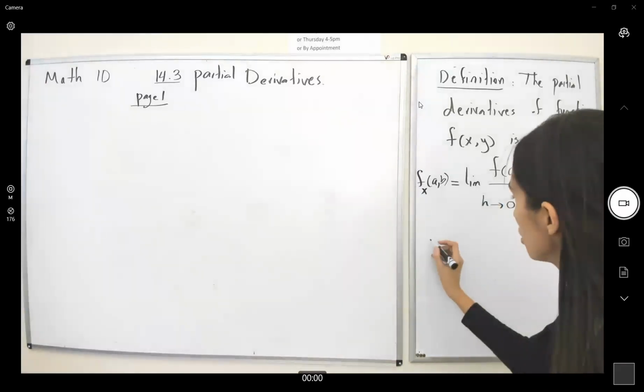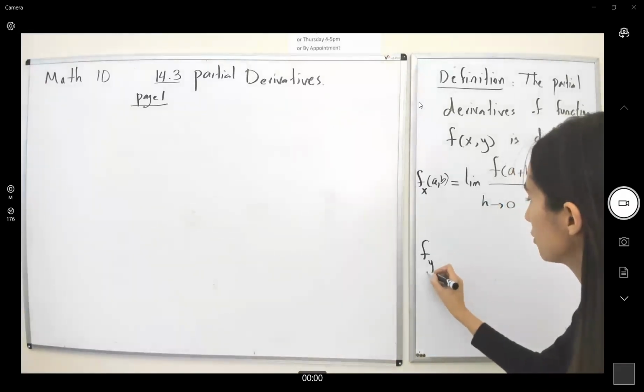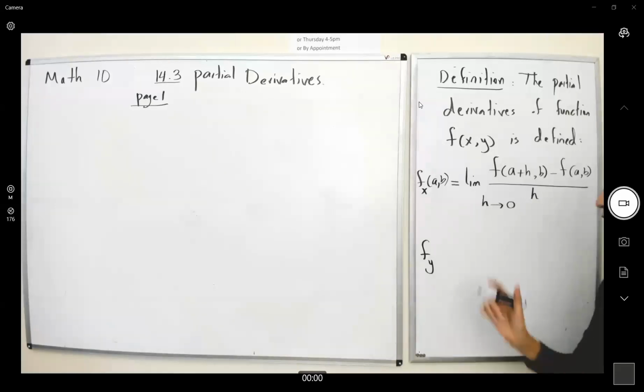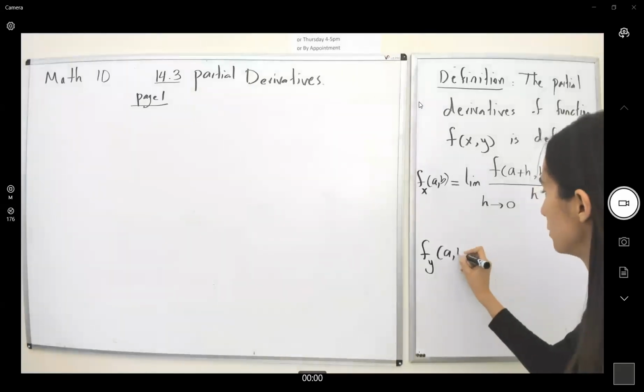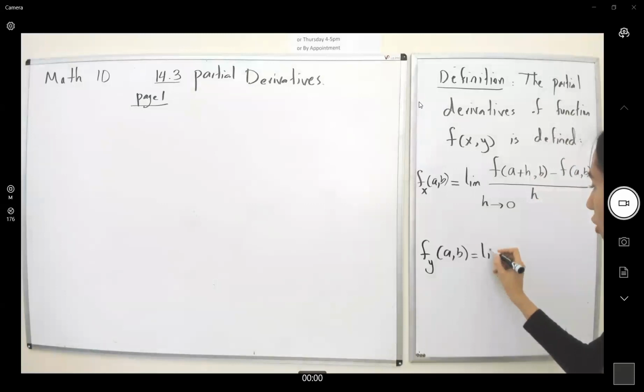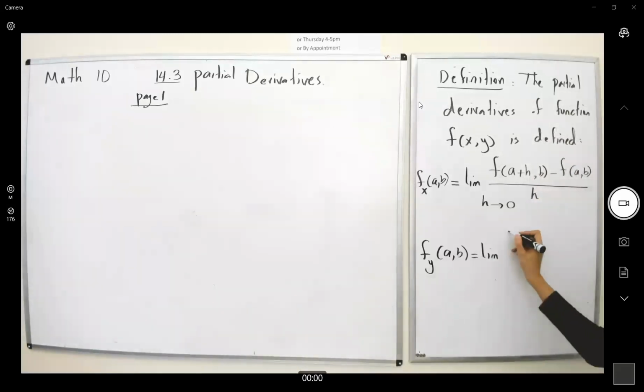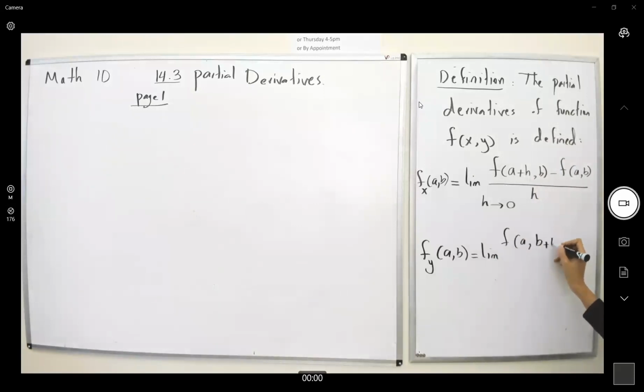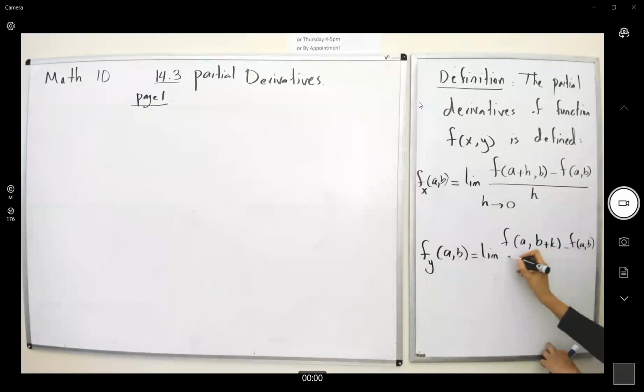The same with the partial derivative of the function with respect to the second variable y at a and b, which is defined as the limit of f of a, comma, b plus k, minus f of a and b, divided by k.